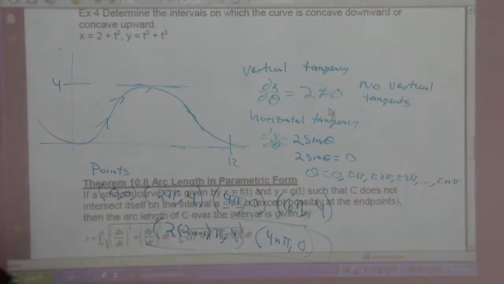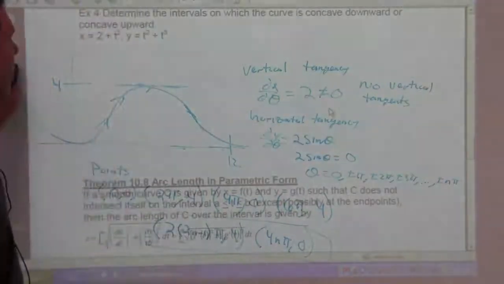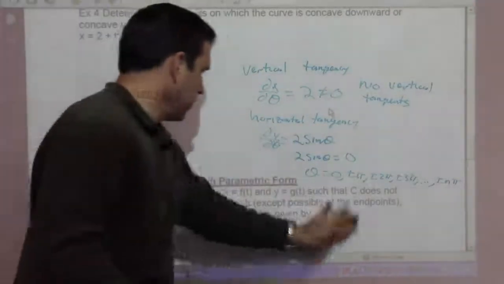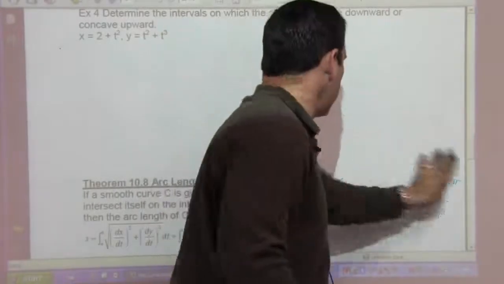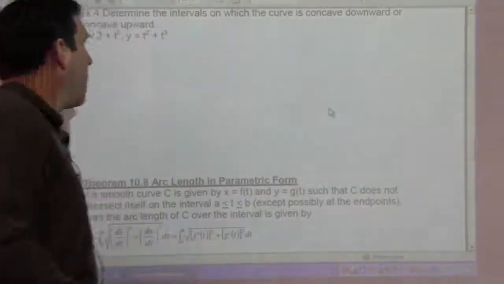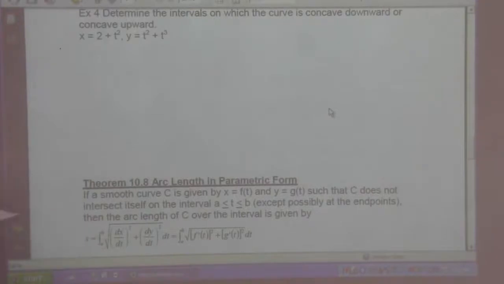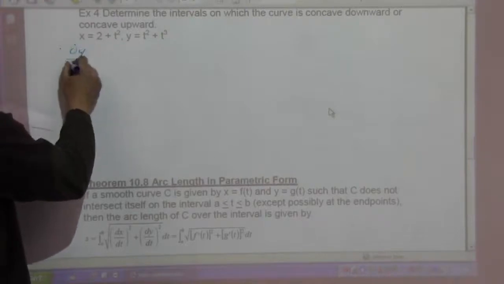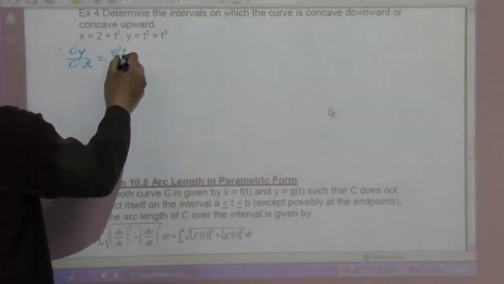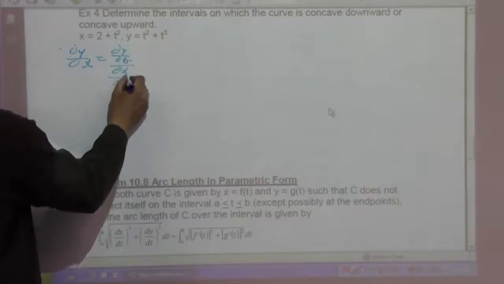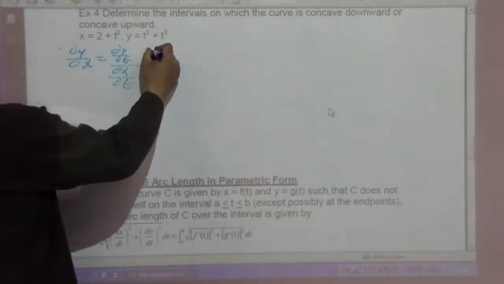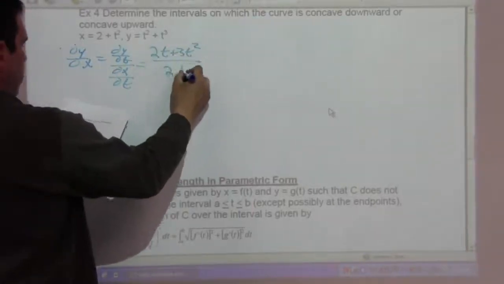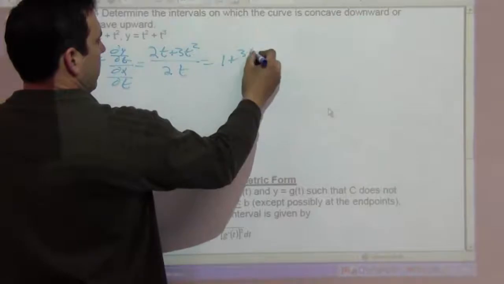It says, determine the intervals on which the curve is concave downward or concave upward. So our dy/dx is going to be dy/dt over dx/dt. dy/dt is going to be 2t plus 3t squared over dx/dt is 2t, so we get 1 plus 3t over 2.